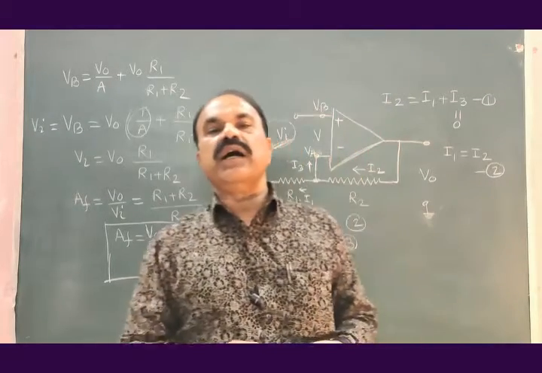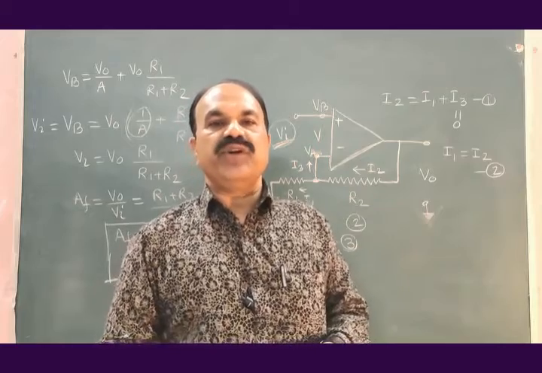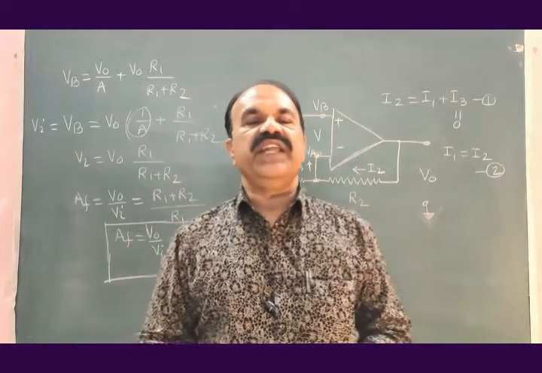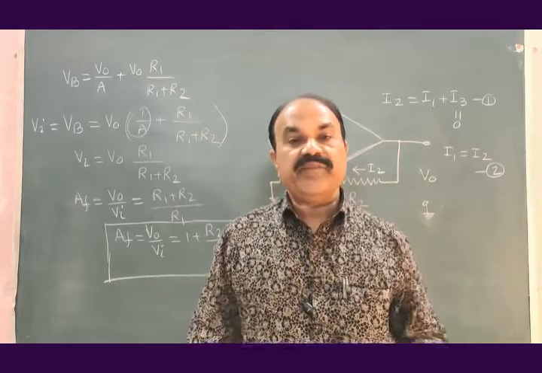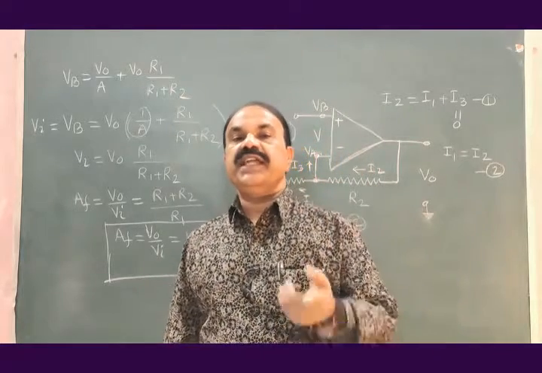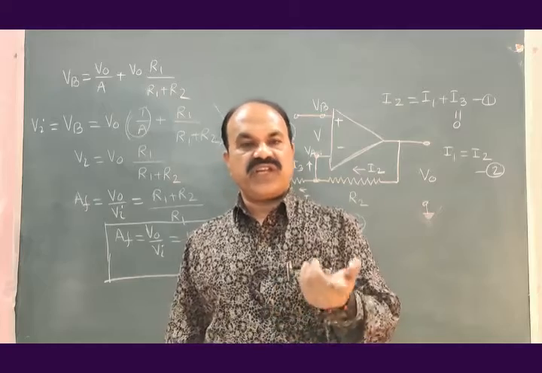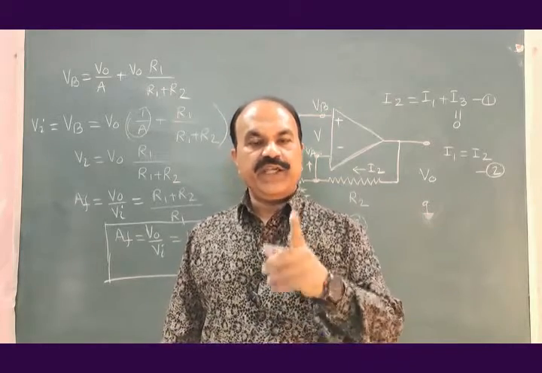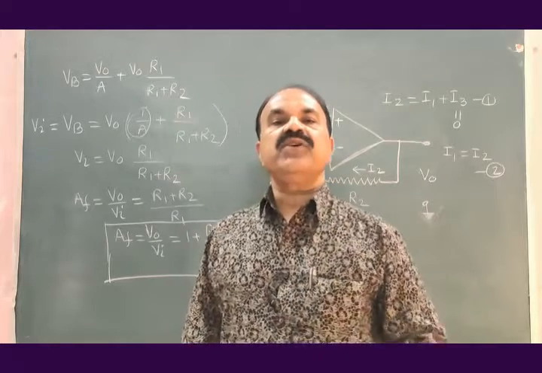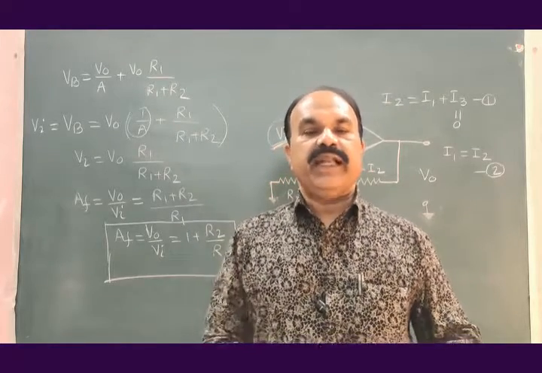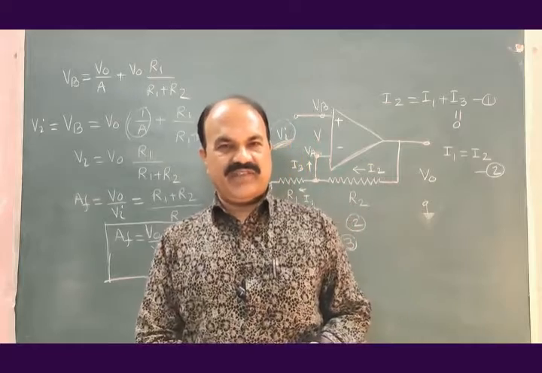R1 and R2 are linear electronic components. Values of these linear electronic components are not going to change. It means that the voltage gain with feedback of an operational amplifier when used in non-inverting mode is independent of the parameters of operational amplifier.